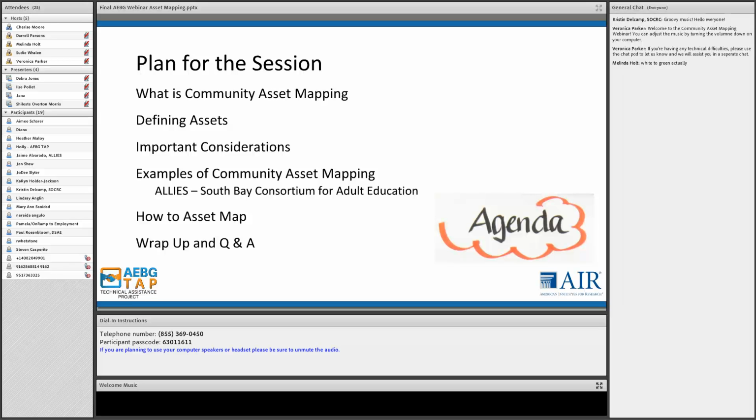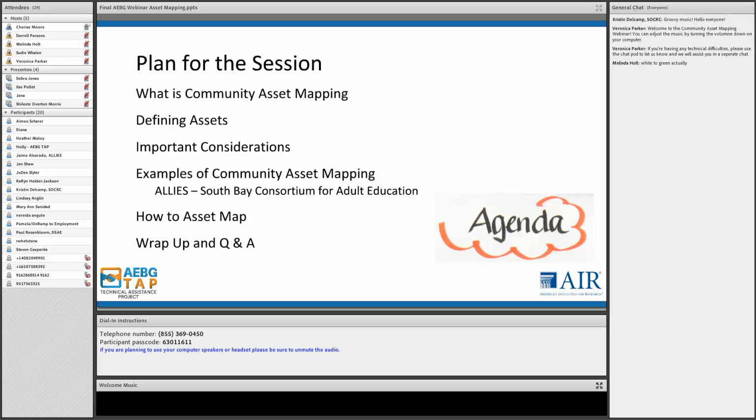We'll be defining community asset mapping, defining assets. The facilitators will talk about considerations that you need to keep in mind as you begin the process of community asset mapping. You'll hear examples from 3 of our facilitators who will be sharing their experiences with the success of community asset mapping in their community building and community development work.